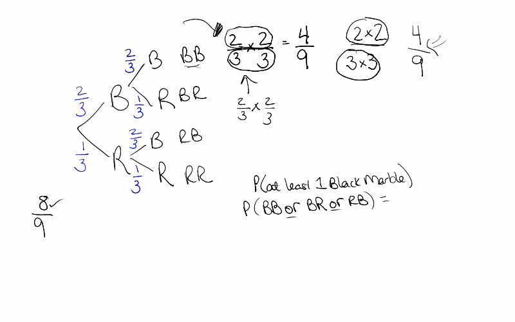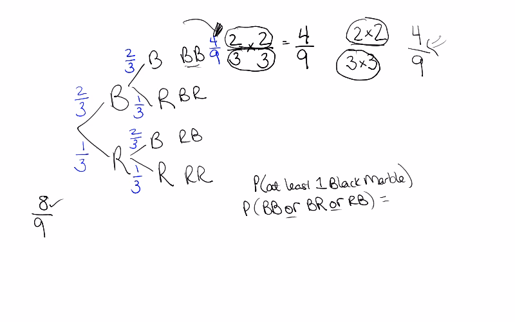First of all, let's find the probabilities at the end of these branches. We see that the probability of black, black is 4/9. If I want the probability of getting black then red, what I can do is multiply the probabilities along this branch.